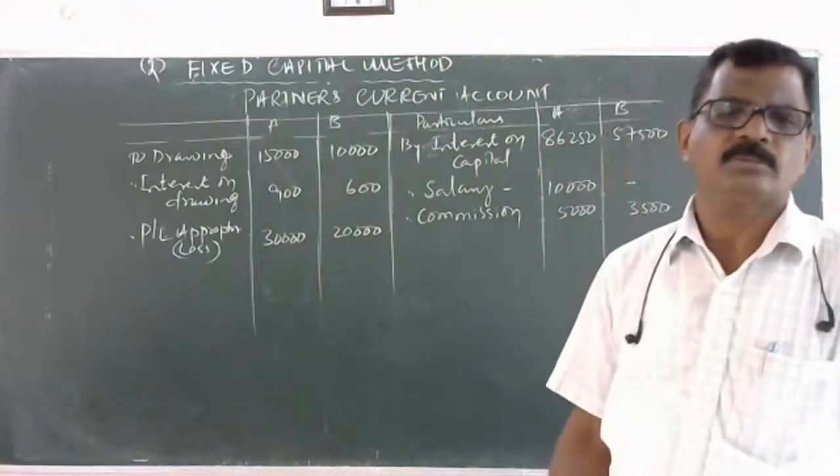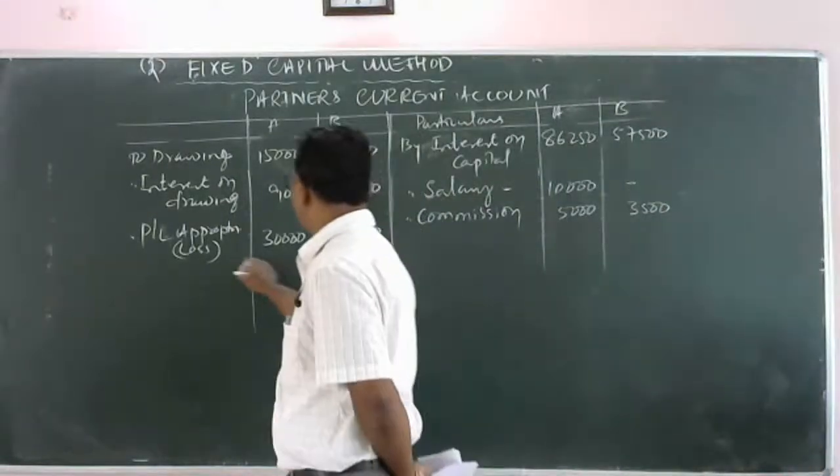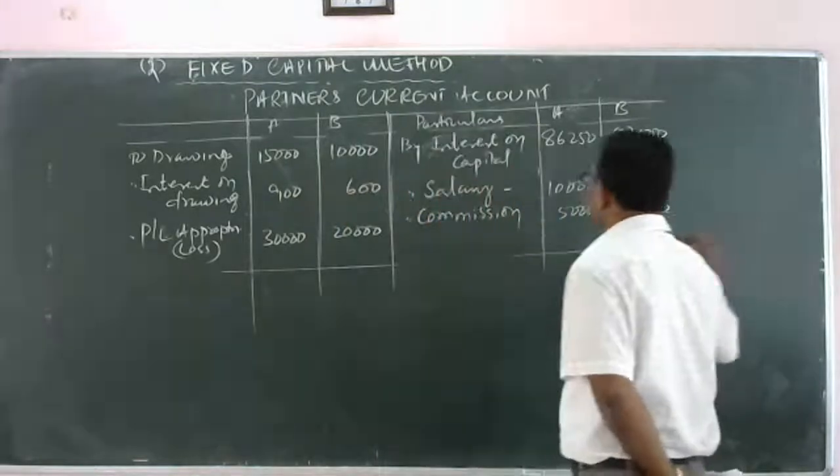Share of loss, right, is debited. Now find out the difference here, find out the balance.